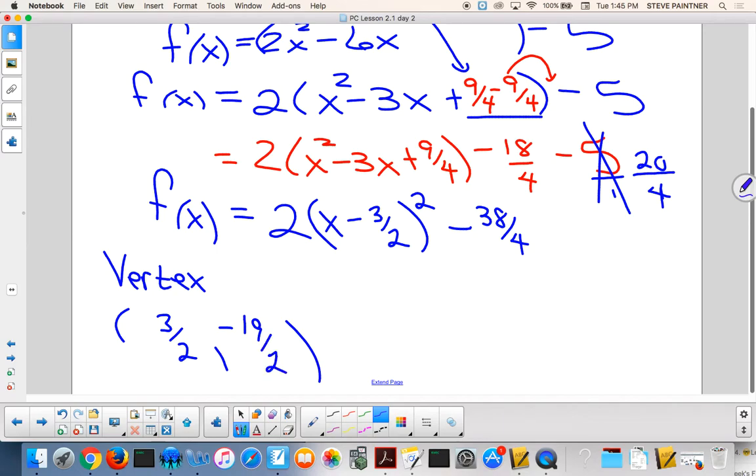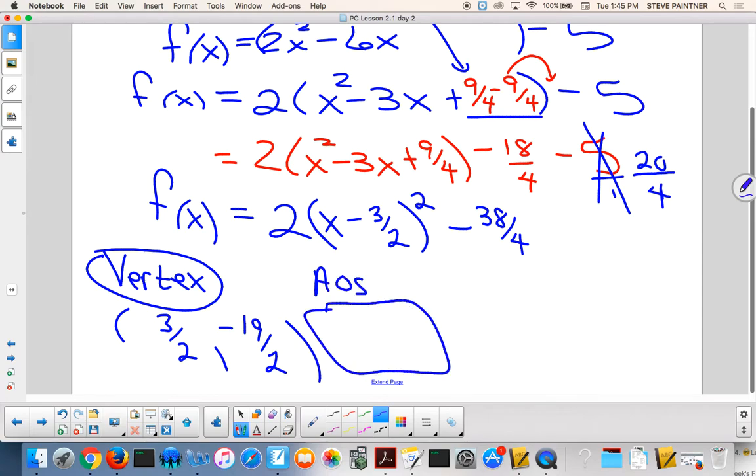And some of you are calling that 9.5. And that's right, negative 9.5. So this is the vertex of your parabola. AOS: x equals 3 halves. Okay, 1.5, 3 halves.